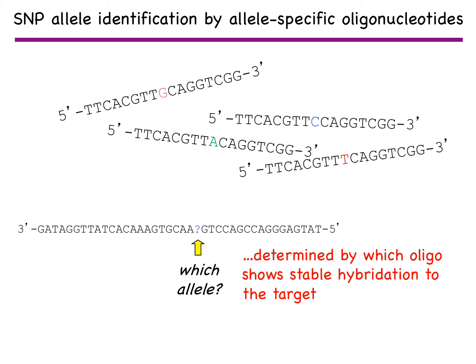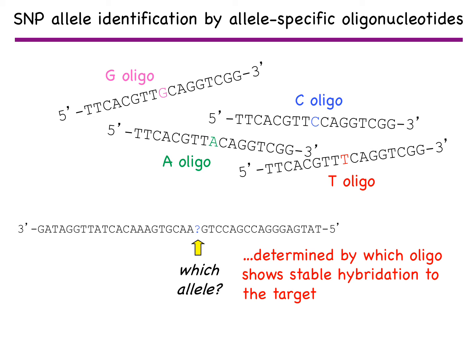So you have all 4 different possibilities. Some oligonucleotides have the T, some have the A, some have the C, some have the G at that site. And then you basically just ask which of these 4 can stably hybridize to your target DNA. Based on which one hybridizes to the target DNA, that tells you what the sequence is at that site that you're trying to interrogate.